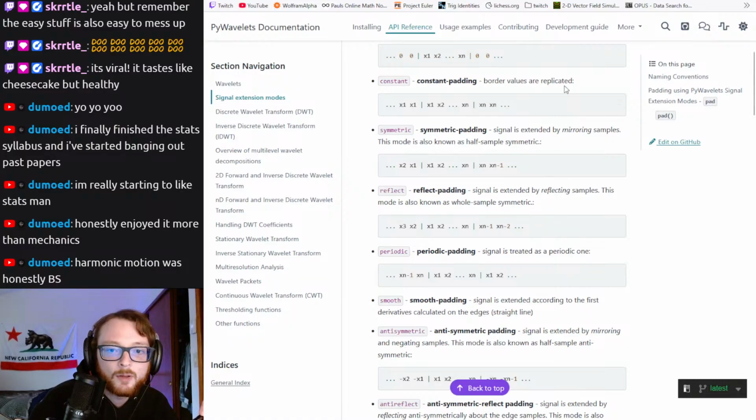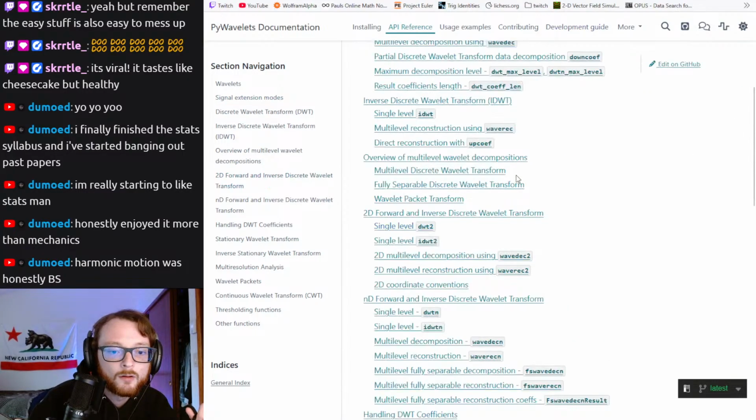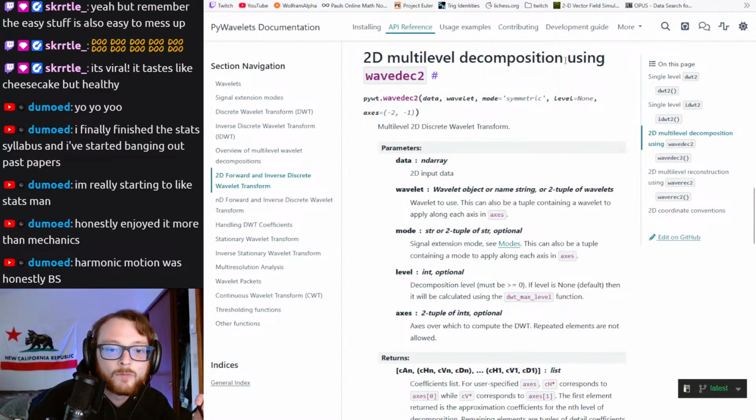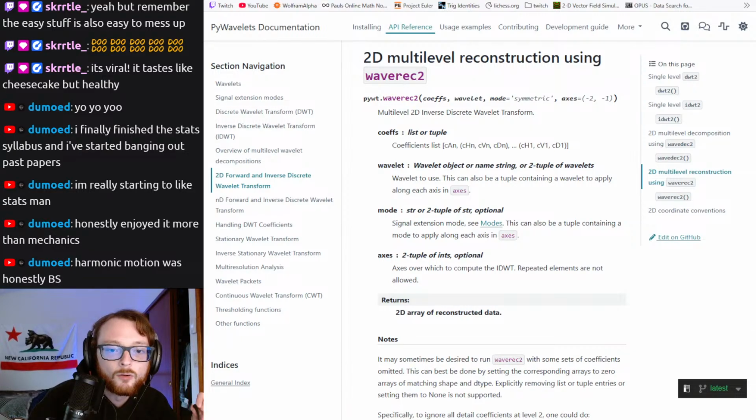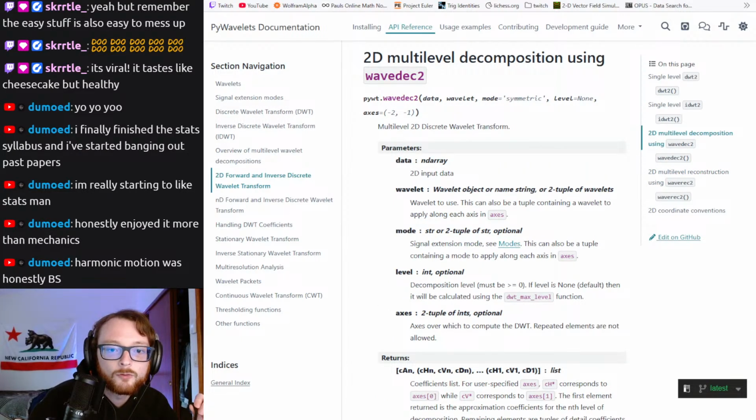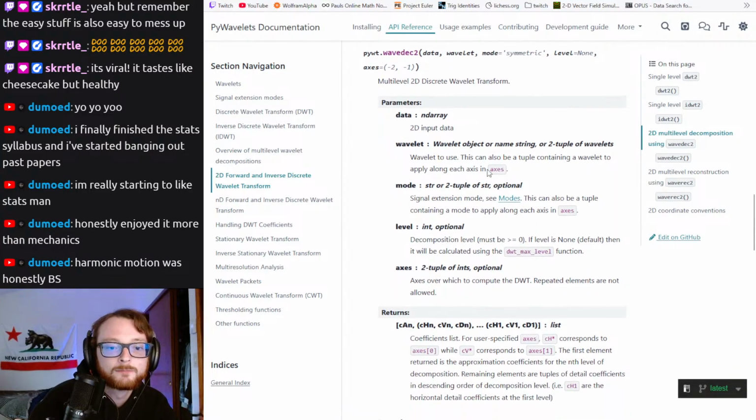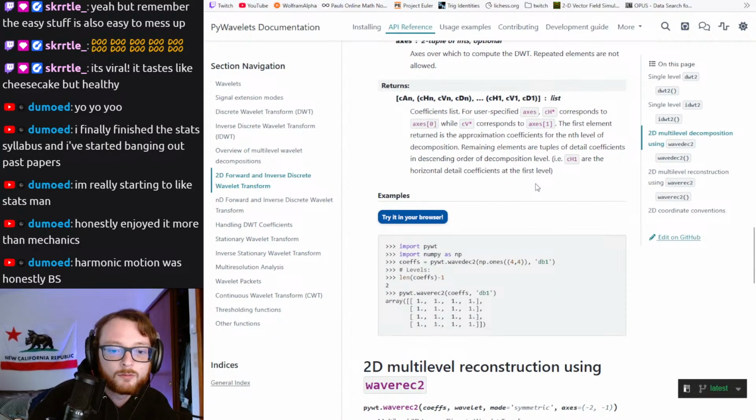I don't think we got an example. What is wave dec versus wave rec? Oh, inverse versus not inverse. Okay, well. Oh, reconstruction. DWT max level?